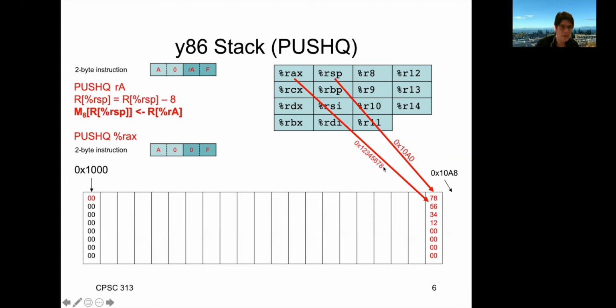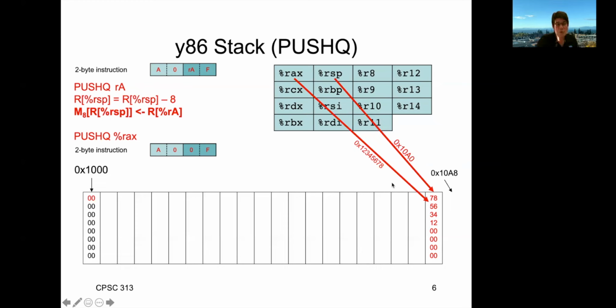That means the least significant byte, 78, appears first, then the 56, then the 34, etc. So the quad value at address 0x10A0 occupies the bytes whose addresses are from 10A0 to 10A7. So that's what a push instruction does.